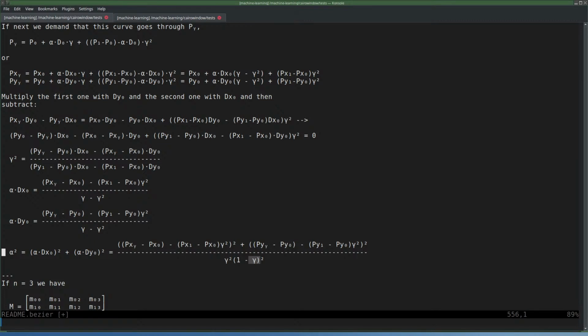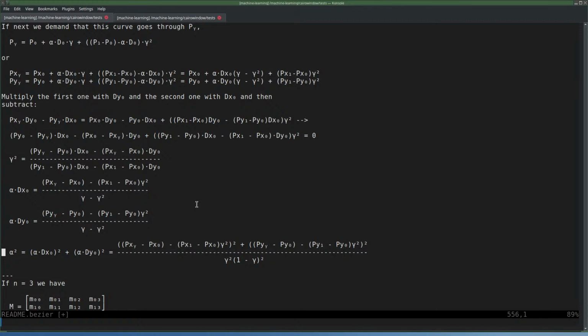Gamma is larger than 1 even, so it's never going to be 0 anyways. Could become plus infinity in certain cases. So yeah, larger than 1, so it must be definitely plus the square root of that. And this one must be larger than 0, so that's also just plus the square root of that.